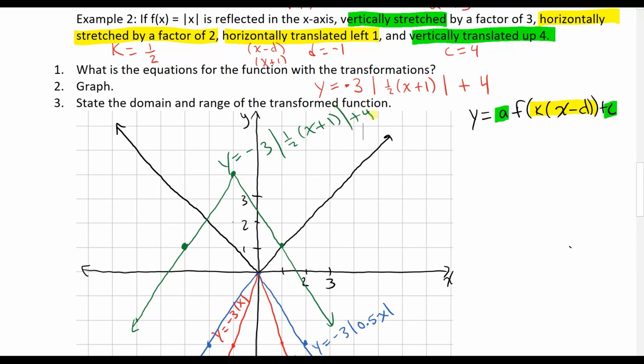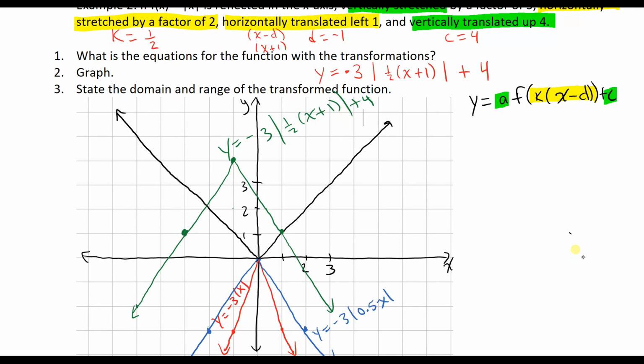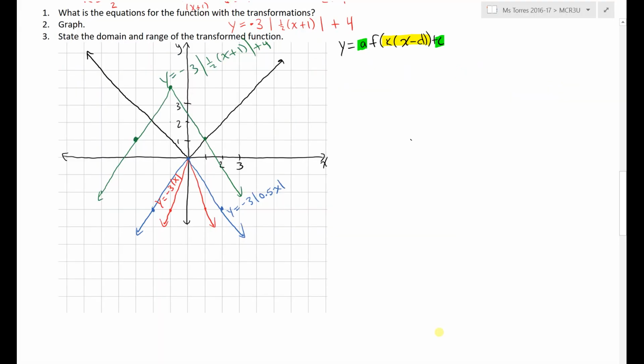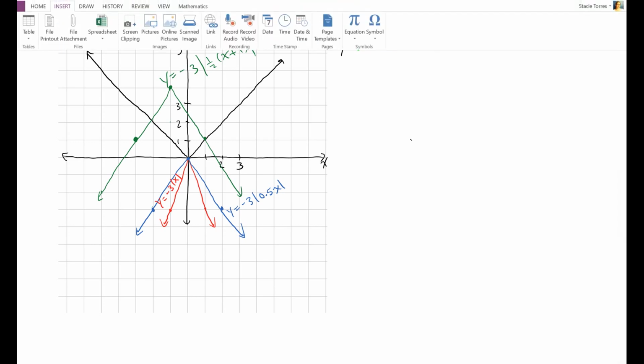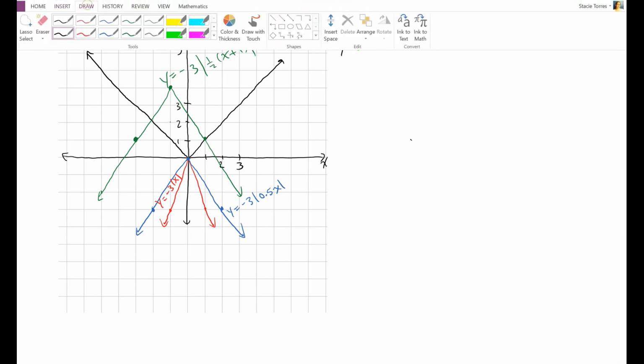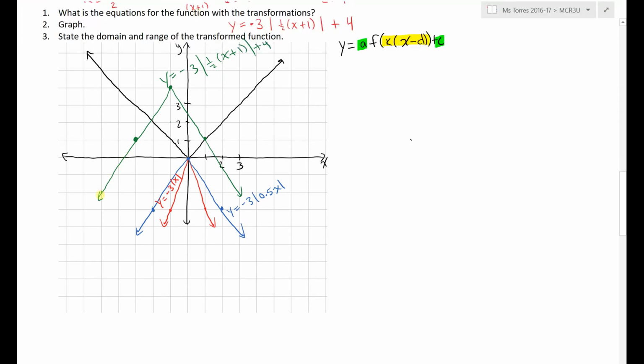Okay? Now let's look at the domain and range of this function. It's easier to find the domain and range after you have already graphed it. So, just so we can see it really clearly, we have this for our final function.